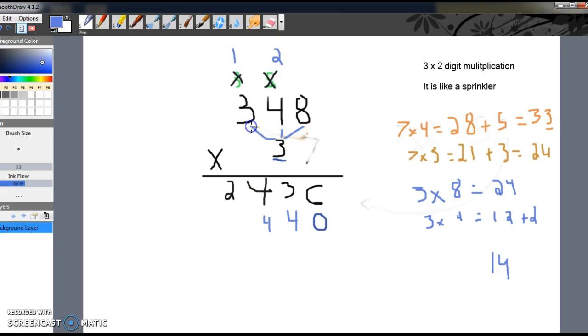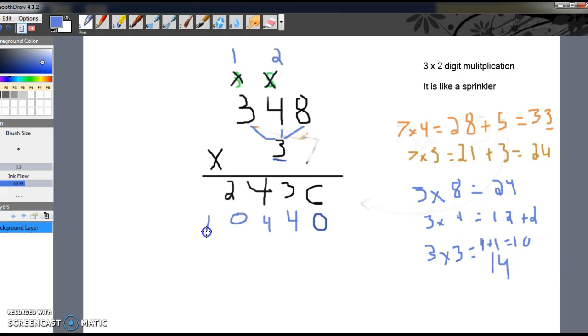Then I go 3 times 3. 3 times 3 equals 9, plus 1 equals 10. The 0 goes here under the correct place value, and there's nowhere to put the second place value there, the 1.